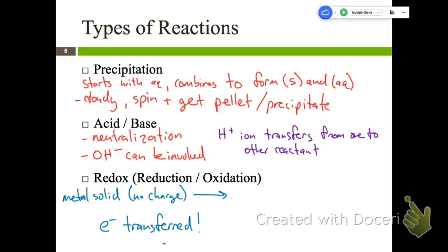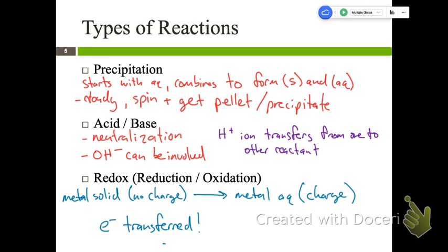So you start with a metal that's a solid sometimes, and you end up with metal which is aqueous, which means that it has a charge.